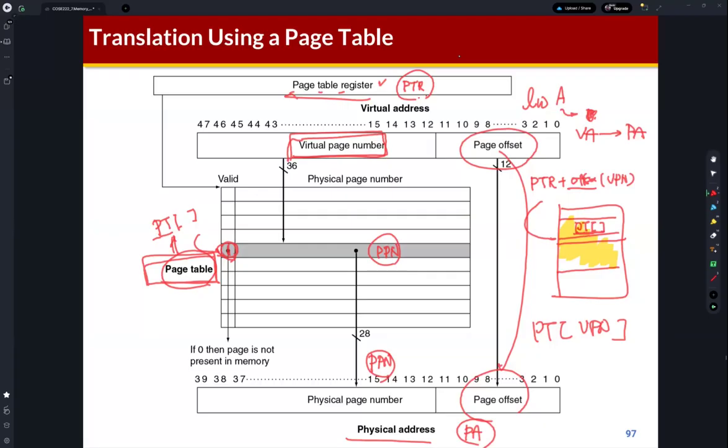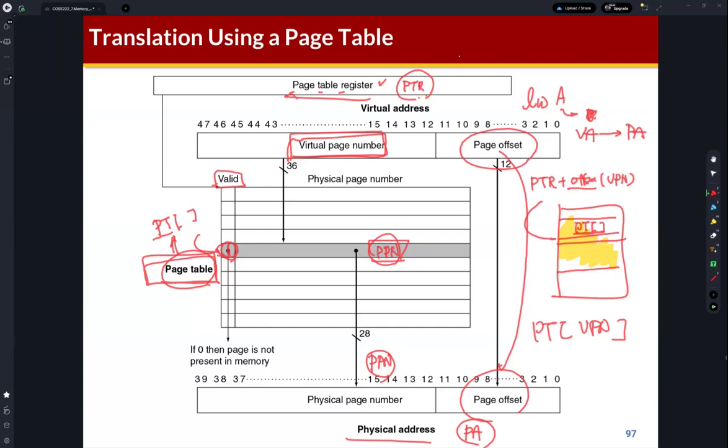So you can use the virtual address as the offset from the page table base address, and then we can access the page table. The page table includes attribute or flag bits such as valid bits, and each entry of the page table includes the physical page number. So the virtual page number is mapped to the physical page number.